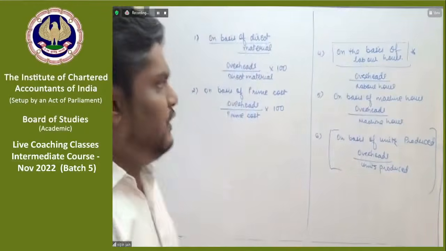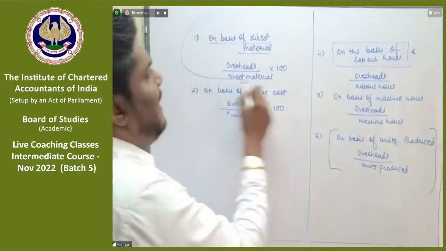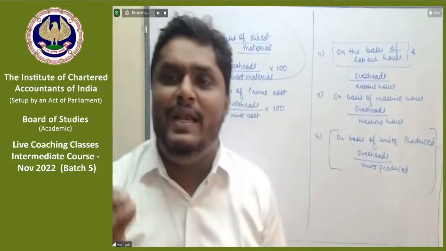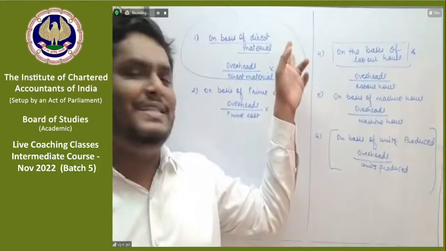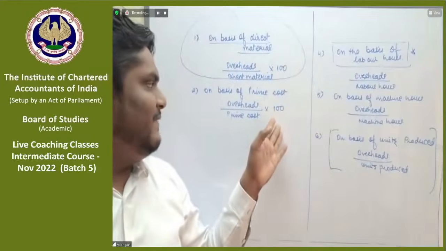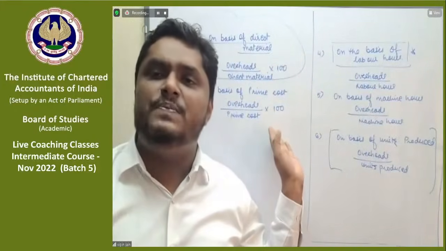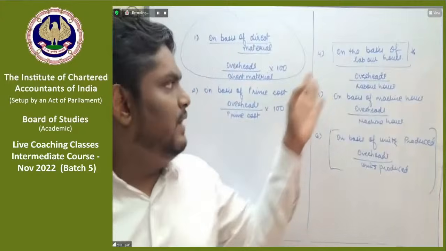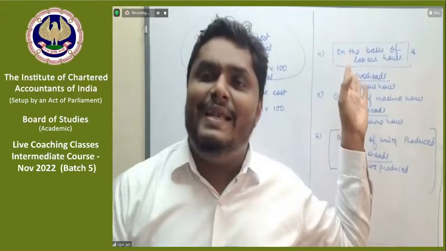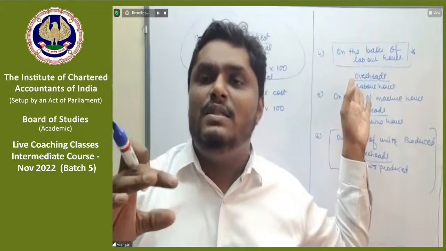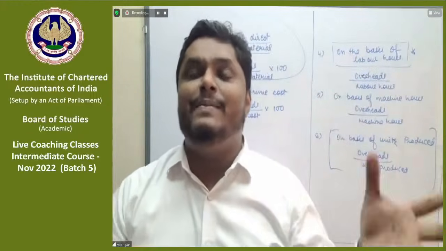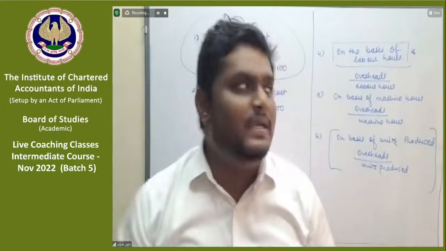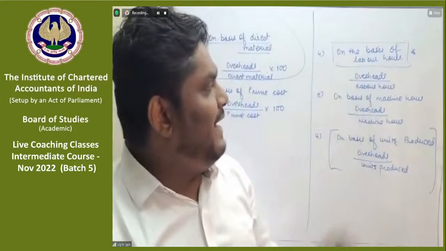So I repeat again, to sum up the things, if a production department is more dependent upon material, this method is advisable. As far as the prime cost method is concerned, it is to be used only when specifically asked in the question. If the question is silent and the department is more labor intensive, let's say assembly department or packing department, then overheads divided by labor hours.